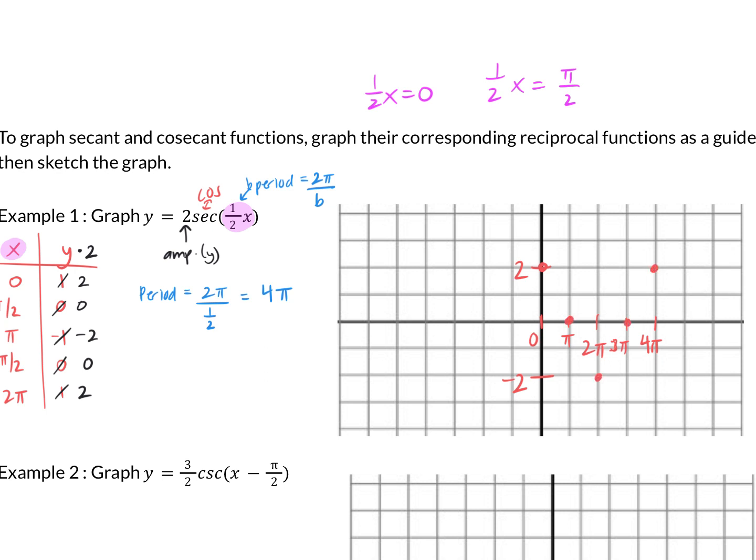And then remember, this is only my cosine function, so I'm just going to have this be my dashed lines. Because the function that I actually want to know what it looks like is my secant graph. We're doing secant for this one, not cosecant.